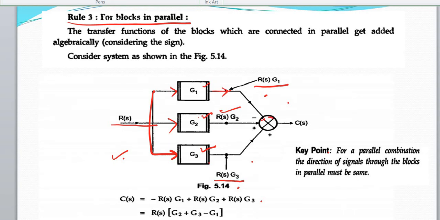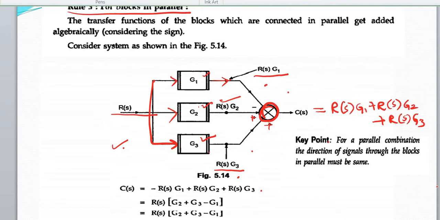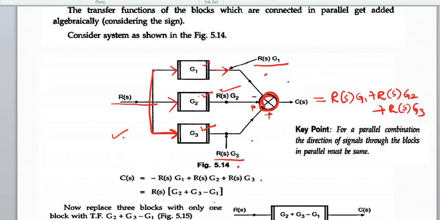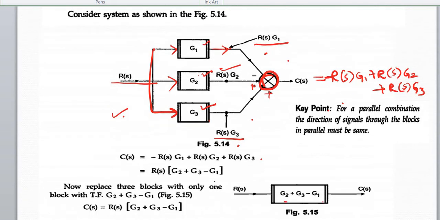All those outputs again come and get connected at this summing point. This R of S into G1 connects with a minus sign, this with a plus sign, and this also with a plus sign. That is, they get summed up. All the 3 inputs get summed up. So the output will be R of S into G1 plus R of S into G2 plus R of S into G3, taking care of the signs.